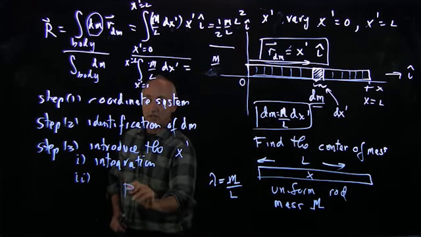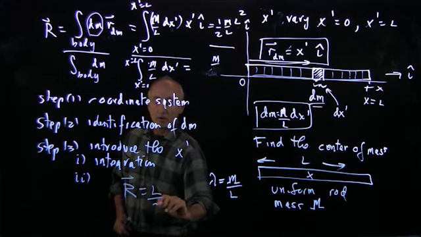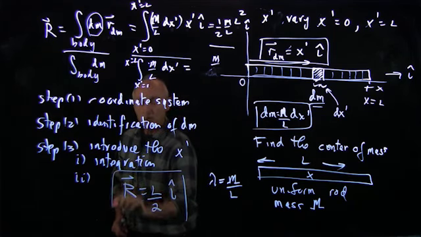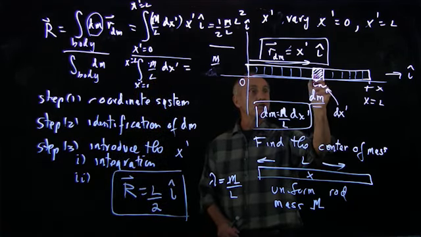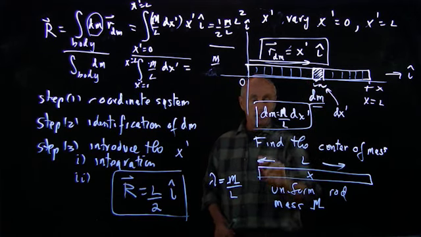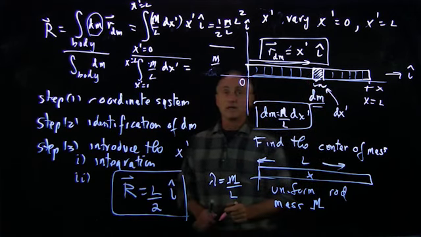So our answer is r equals L over 2 i hat, which is exactly what we expected. We expected the center of mass to be halfway down the rod.